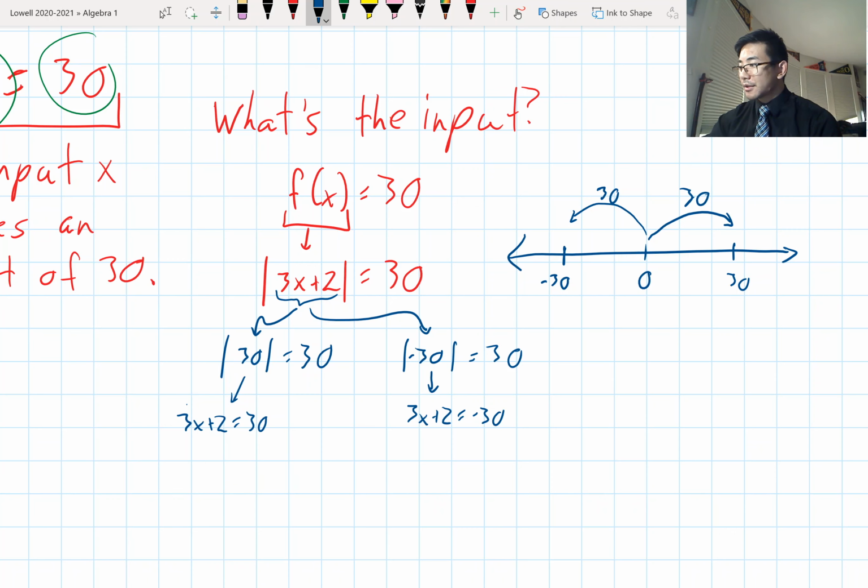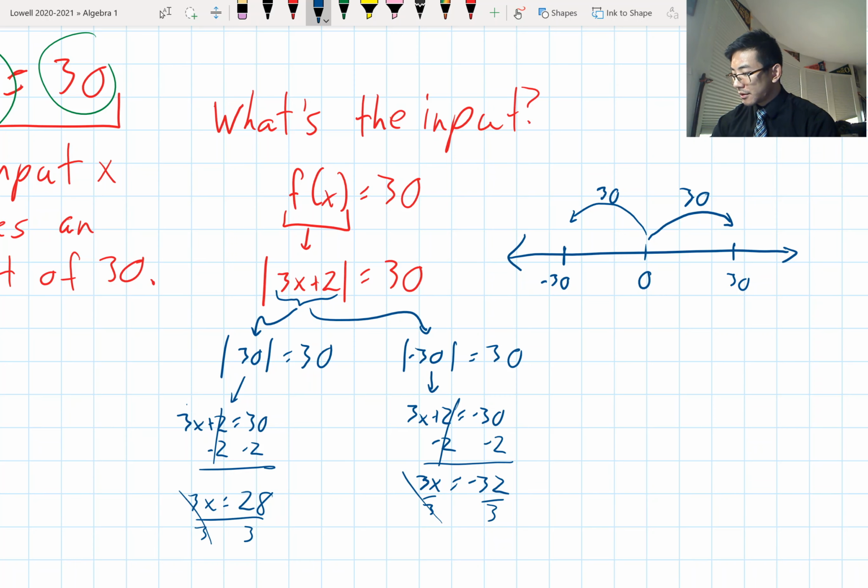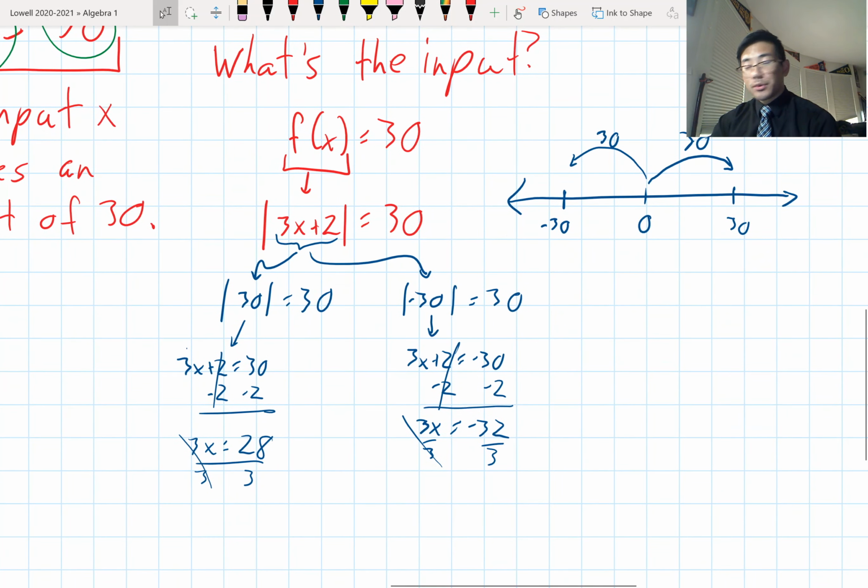And now we can solve this. I'll just subtract 2 from both sides. I'm going to do this on this side as well. I'll have 3x equals 28. And over here I'll have 3x equals negative 32. And then we'll divide by 3. And I'll have 2 inputs now.